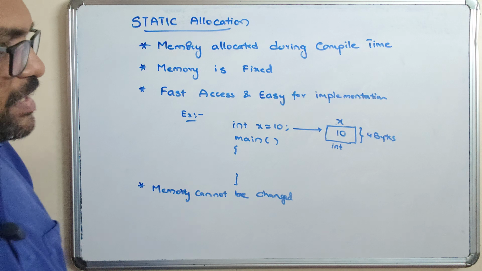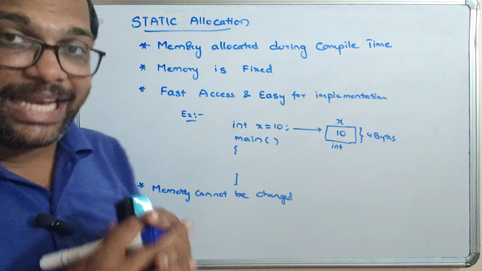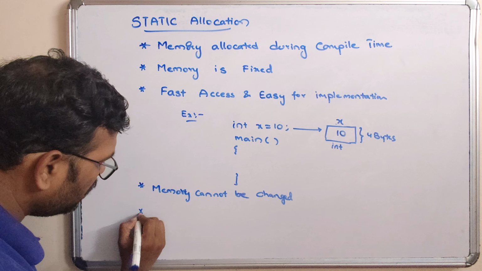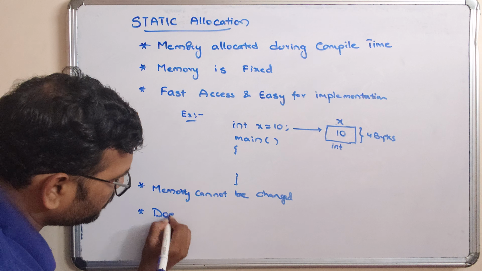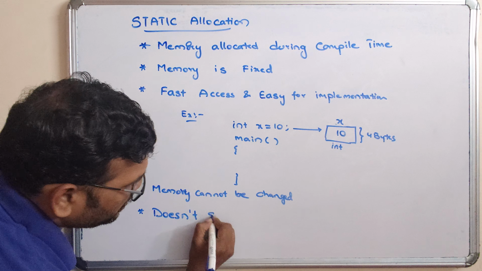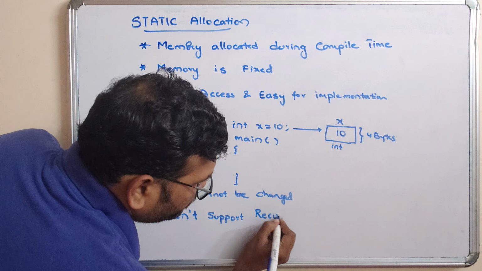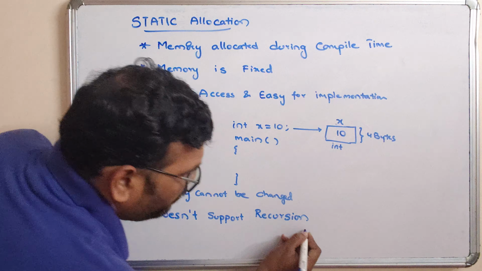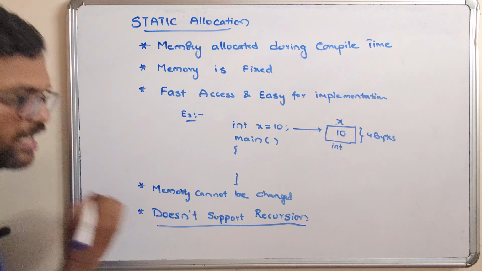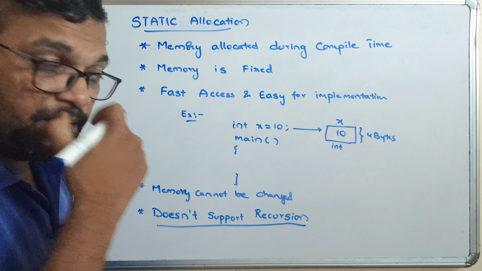So one limitation of using static allocation is that it doesn't support recursion. Very important, static allocation doesn't support recursion. Why?